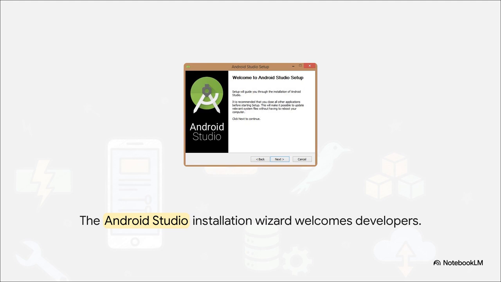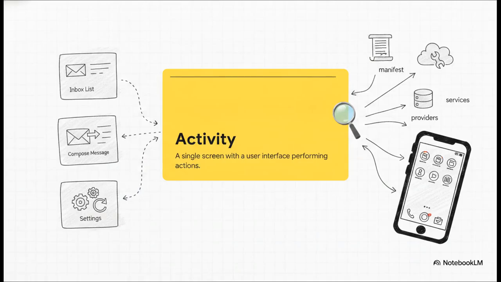Instead of you having to manually piece together all these different SDKs and dev tools, this integrated powerhouse, which is based on IntelliJ IDEA, by the way, does all the heavy lifting for you during installation. Now, once you're inside, you're going to spend a lot of time building what are called activities. Think of an activity as just a single screen that your user interacts with. For example, in an email app, one activity displays your inbox, while a totally separate activity handles composing a new message.